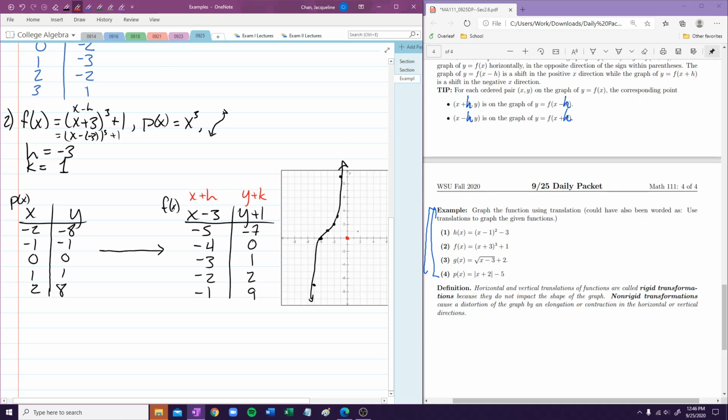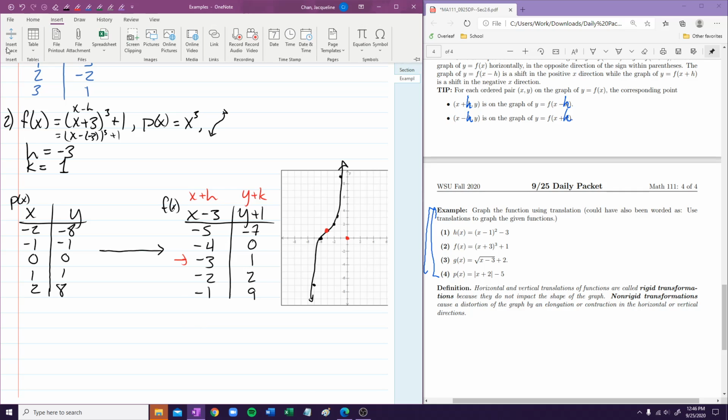Okay, and what I'm going to do is I'm going to go up 1 over 3. 1, 2, 3. And that's this point right here. Okay, that's negative 3, 1. And as you can see, it fits. Right? So this is the graph of f of x equals the quantity x plus 3 cubed plus 1.